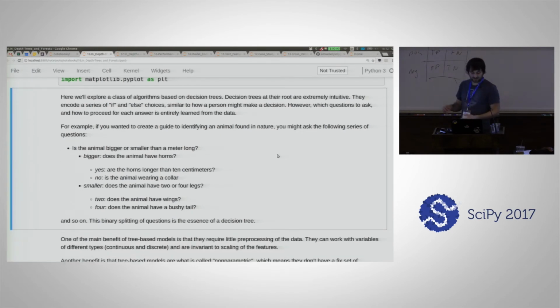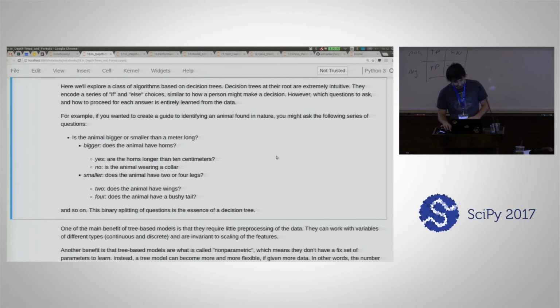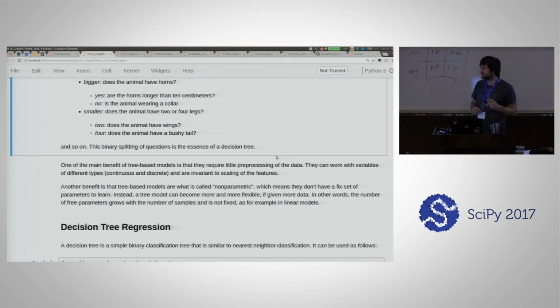Then you ask, are the horns longer than 10 centimeters? And so you narrow down which kind of animal that could be. The next question you ask depends on the answers that you had before. So this is a binary tree of questions. Once you end up in the leaves of this tree, you get some answer. A decision tree basically tries to automatically learn this series of questions and what the right answers are, and what the outcome should be given the answers.